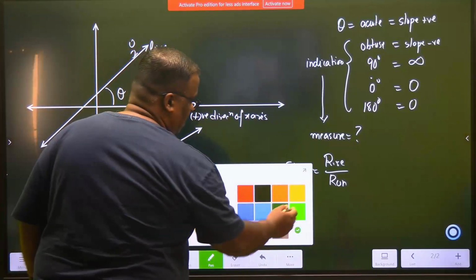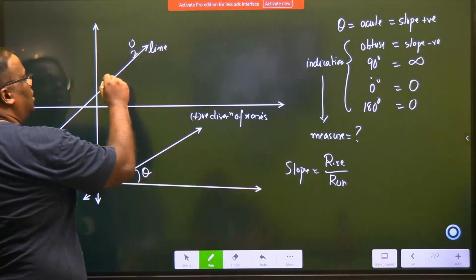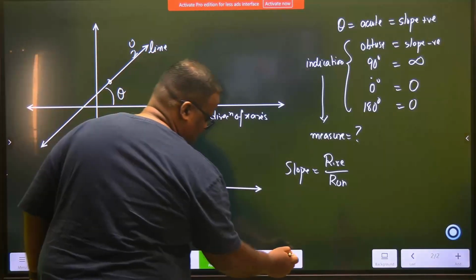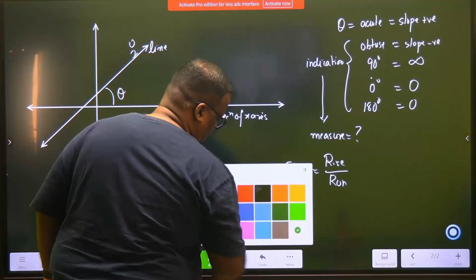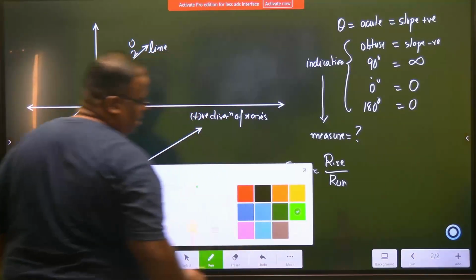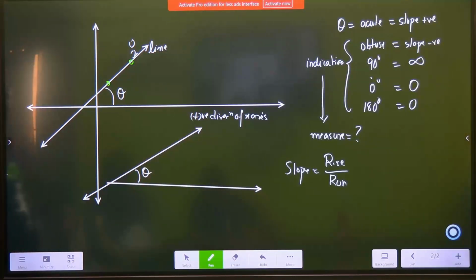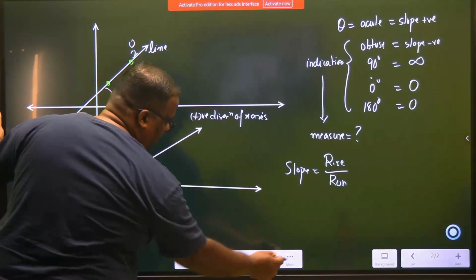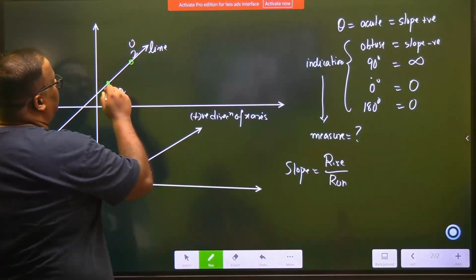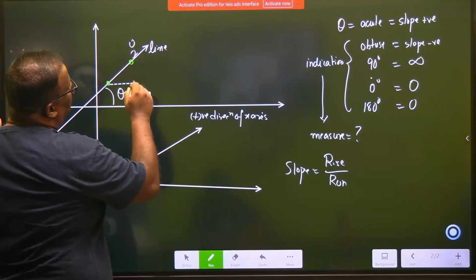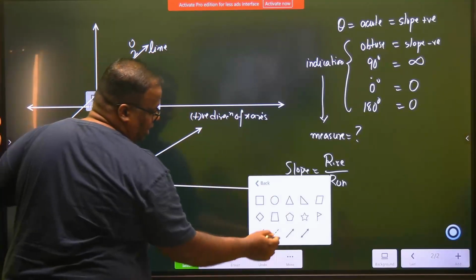Fine. Let's take 2 points on this line. This is 1 point and this is 1 point. Have you understood? And just try to make a hypothetical right angle triangle like this.